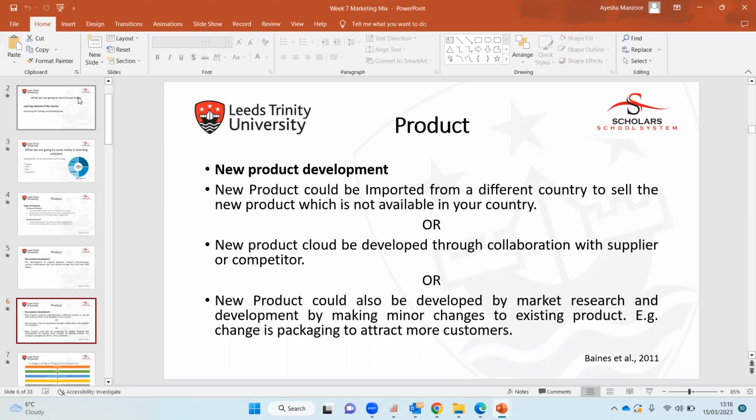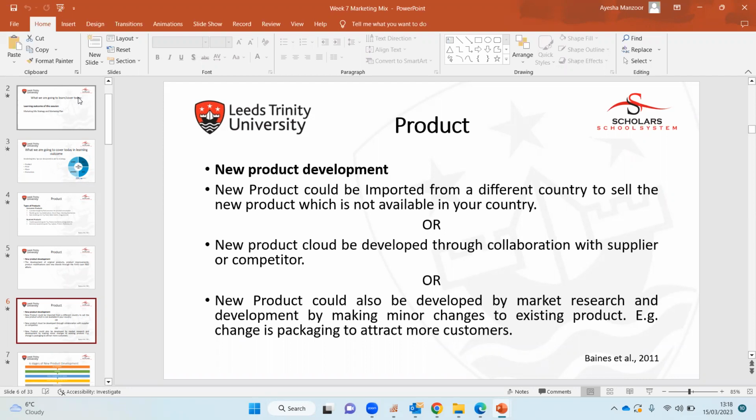And then new products could also be developed by market research and development, by making minor changes to existing products. For example, you can make incremental innovations to existing products. Coca-Cola, Nestle, Unilever, there are so many companies that are making improvements in their existing products to compete, to target new markets, and to remain in the list of good companies.